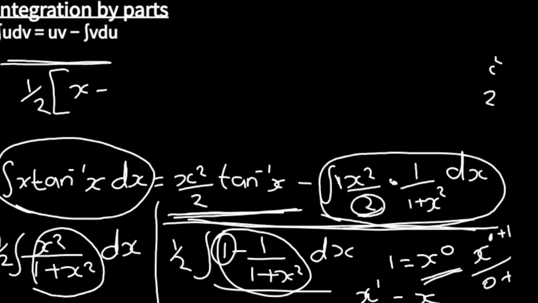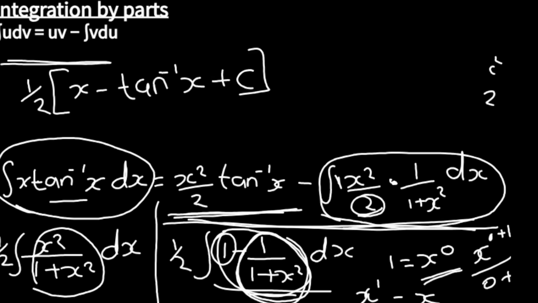So minus, what is the integral of this? The integral of 1 over 1 plus x squared is going to be tan inverse x. Our u was arctan x, and when we found the derivative of arctan x, it was 1 over 1 plus x squared. So when you find the integral of this, it gives you back arctan x. Remember to add plus c.